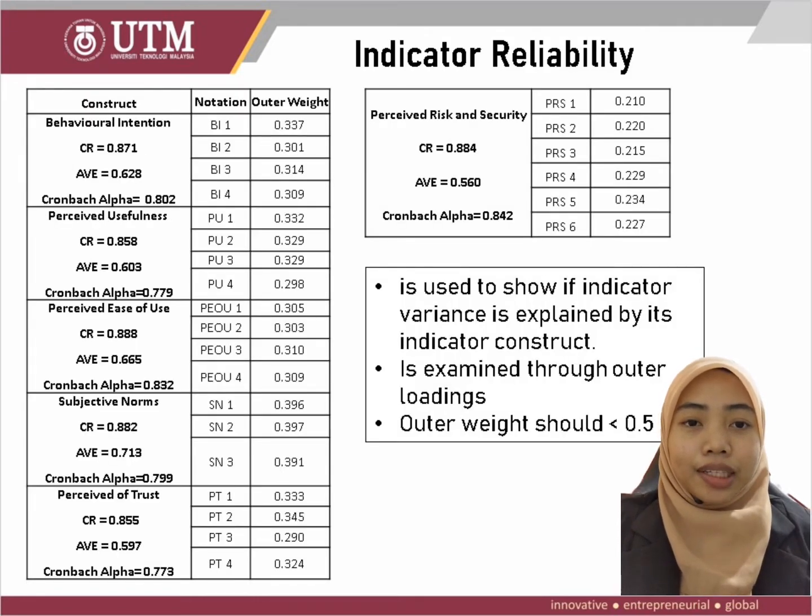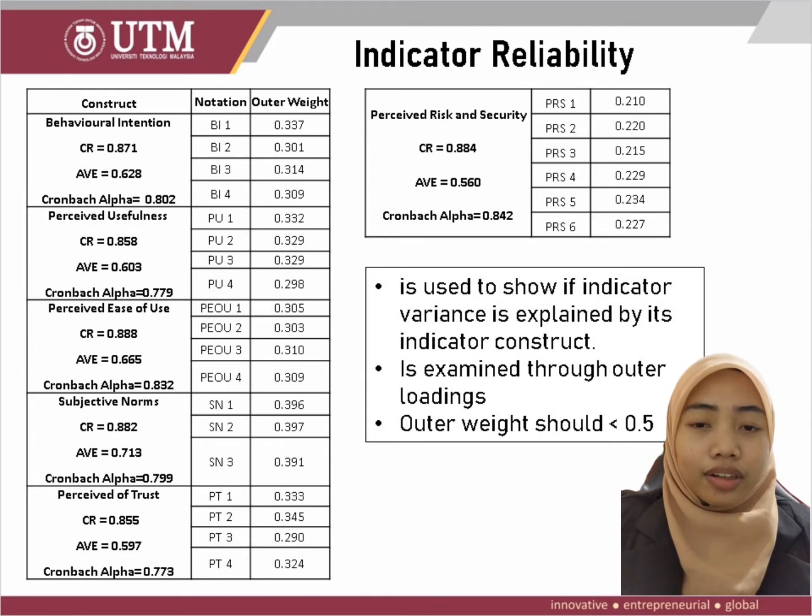Indicator reliability is used to show if indicator variance is explained by its indicator construct. The indicator reliability is examined through outer loading. The outer loading should be higher than 0.5. Thus, indicator reliability is significant because all of the outer loadings are higher than 0.5.